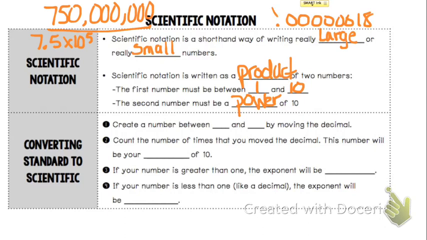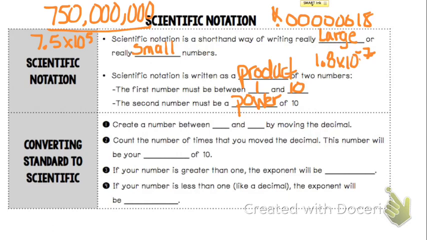If you took this number here, it would look like this. So this large number, 750 million, we have 7.5 times 10 to the 5th power, and 0.00000018 you would write as 1.8 times 10 to the negative 7th power.